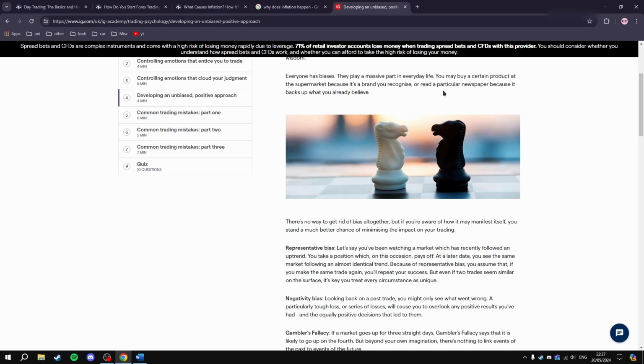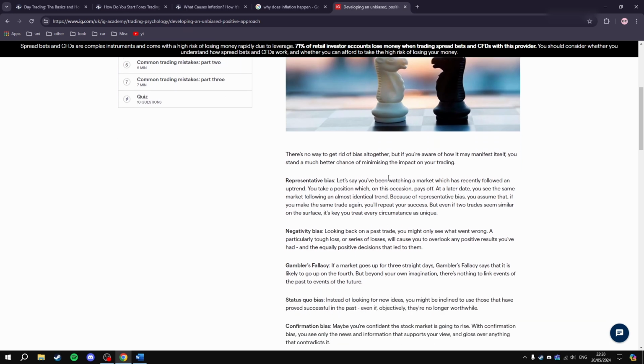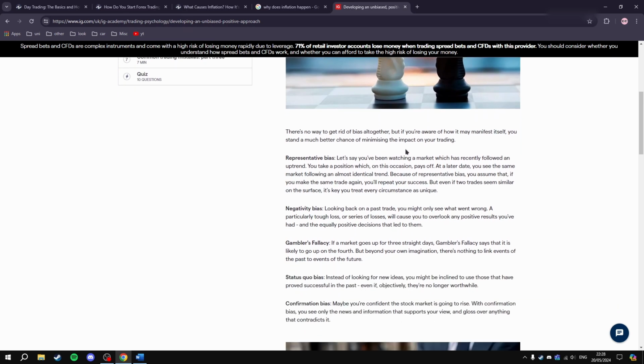You may buy a certain product at the supermarket because it's a brand you recognize, or read a particular newspaper because it backs up what you already believe. There's no way to get rid of biases altogether, but if you're aware of how it may manifest itself, you stand a much better chance of minimizing the impact on your trading.